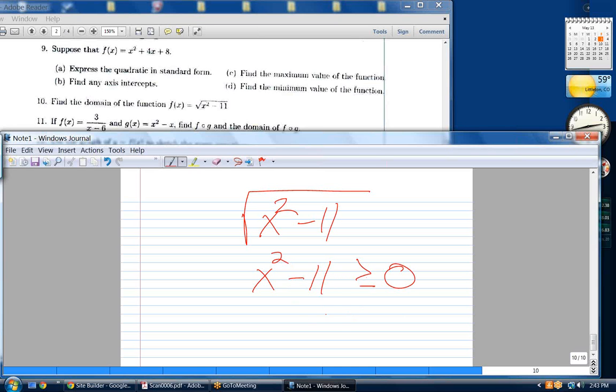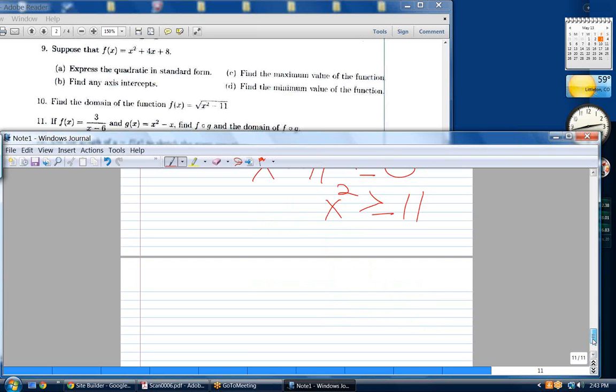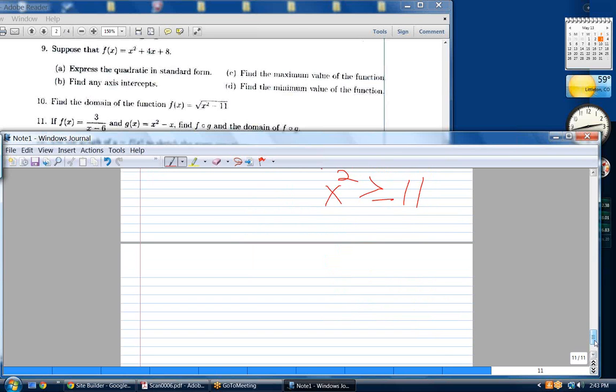So now let's solve this. This is not quite as easy as it seems. What's the next step?